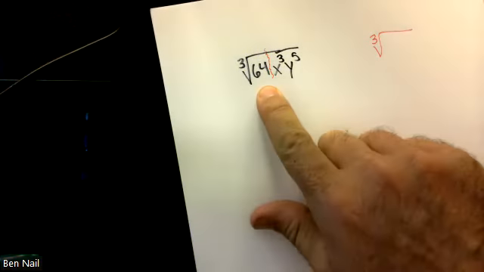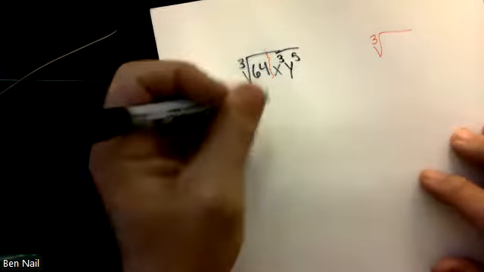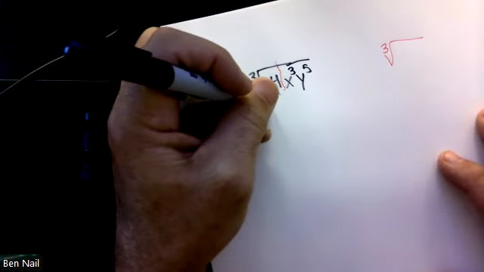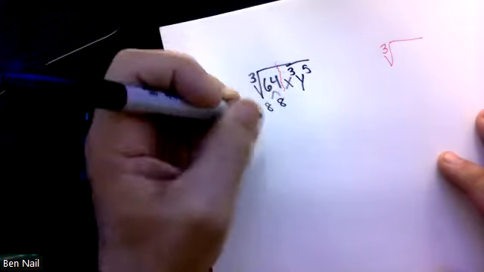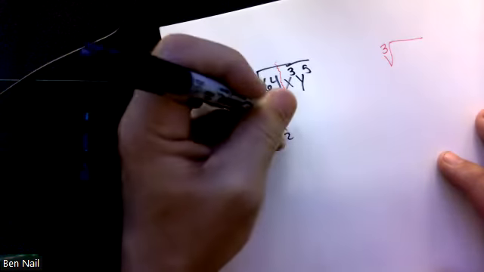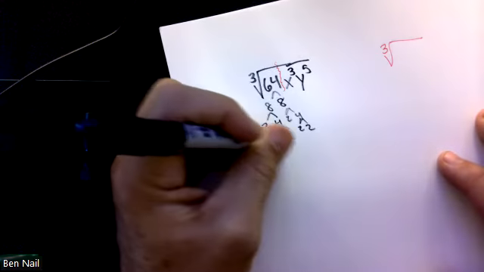We're going to do the whole number piece, then we're going to do the variable exponent piece. So again, 64, we're going to break into prime factors. 64 is 8 times 8. 8 is 2 times 4, which is 2 times 2.